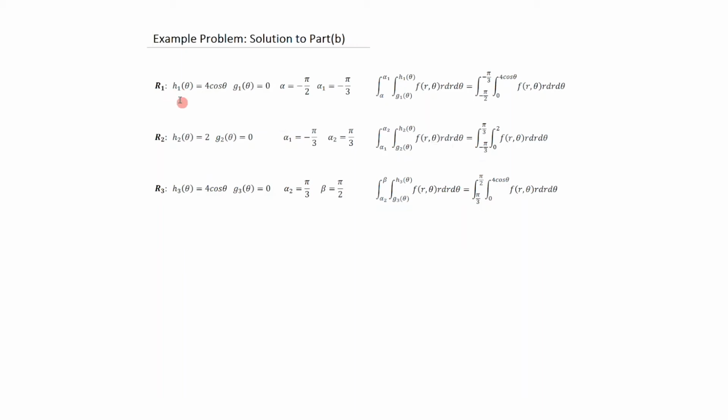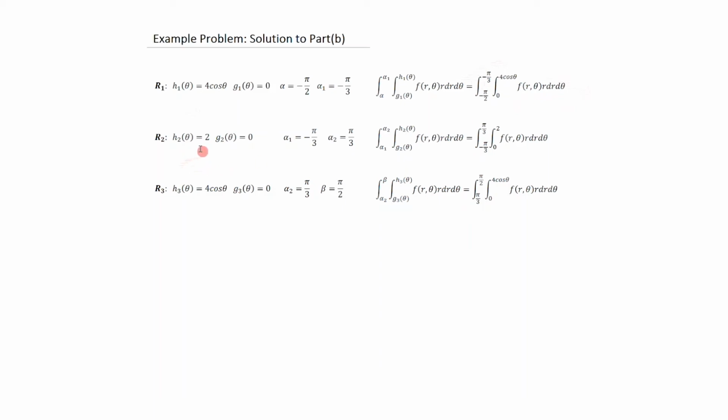This is the outer bound, at the bottom, the 4 cos theta, and g1 of theta is 0. So you start from 0 and you extend out until you hit that outer curve, which is the off-centered circle. We started at angle minus pi over 2 until we got to the intersection point, which is the angle of minus pi over 3. So there's the final form for region 1.